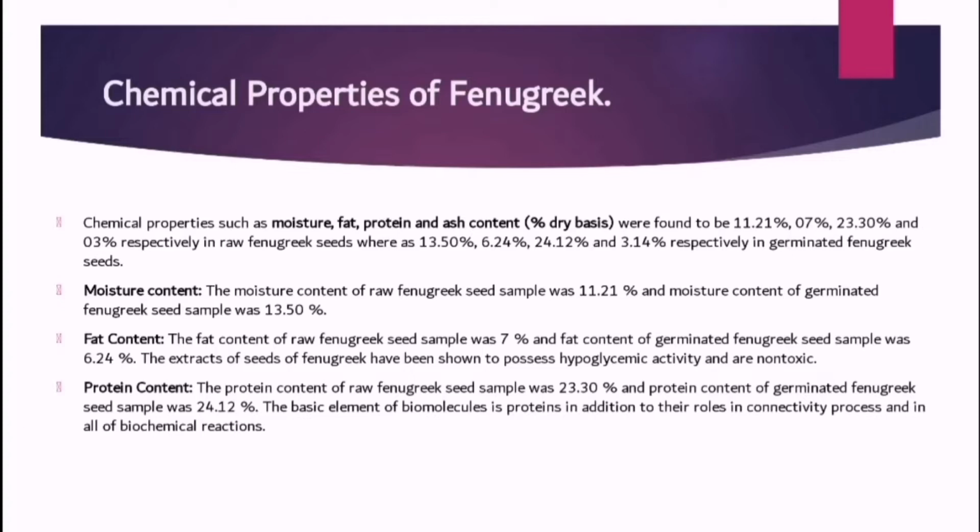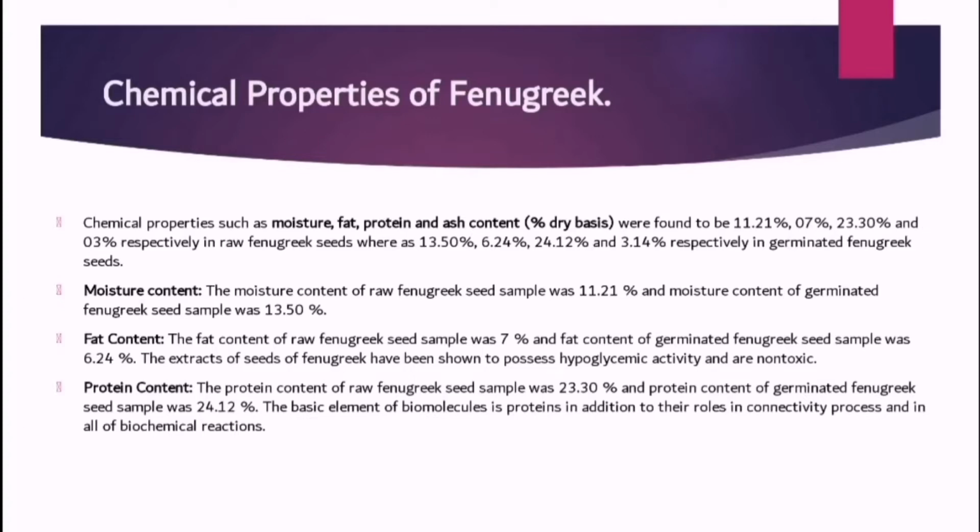Chemical properties such as moisture, fat, protein, and ash content were found to be 11.21%, 7%, 23%, and 3% respectively in raw fenugreek seeds, whereas 13.50% and so on respectively in germinated fenugreek seeds. Moisture content.